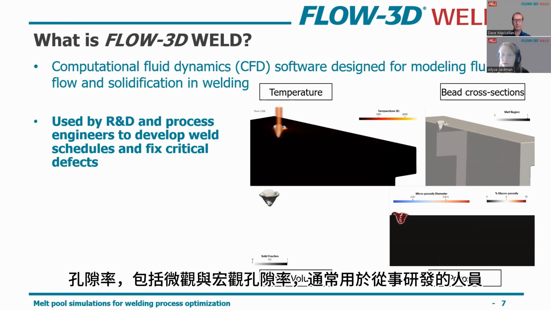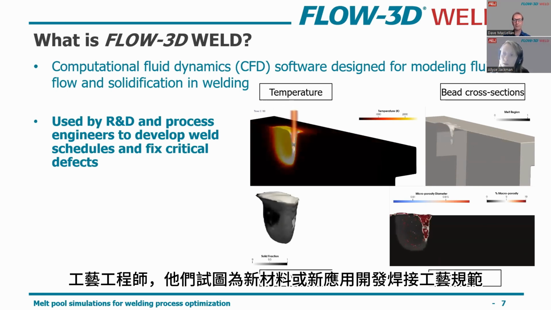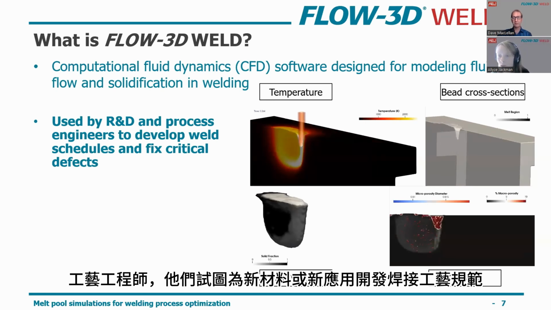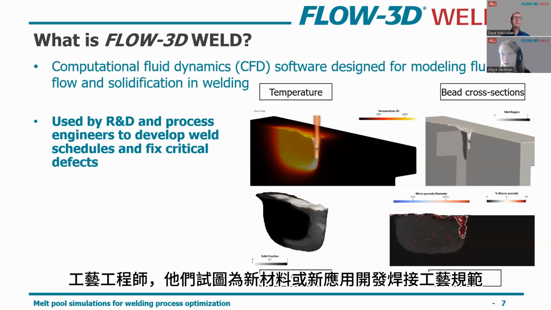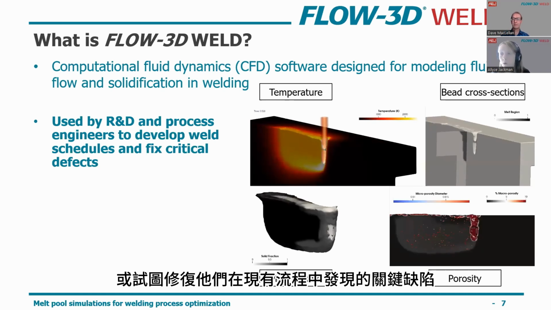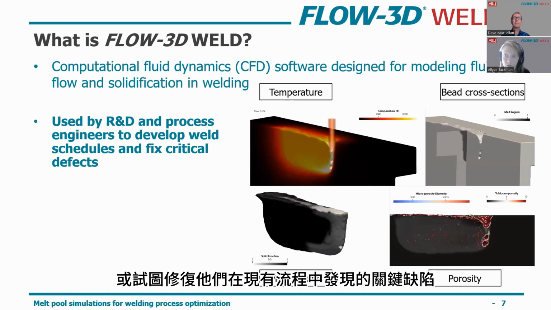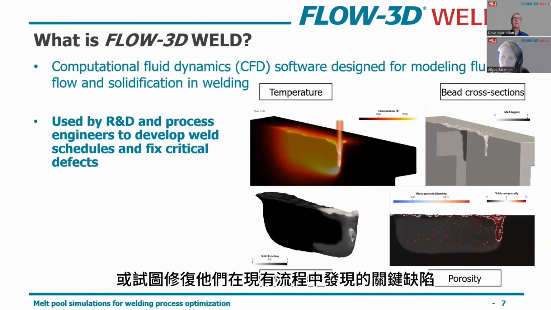And generally it's used by people working in R&D, process engineers who are trying to develop weld schedules for maybe new materials, new applications, or trying to fix critical defects that they're seeing in their existing process.